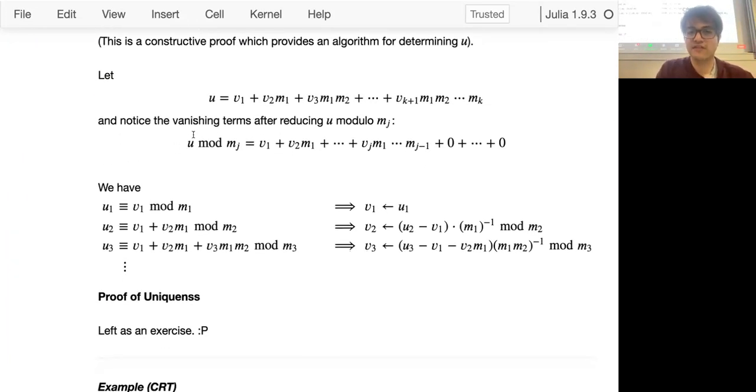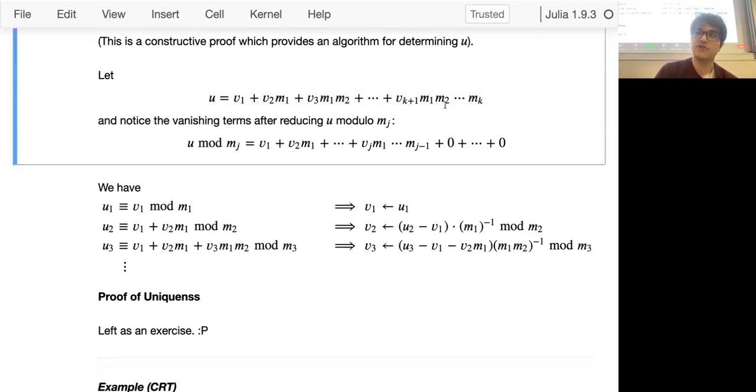Okay. Notice the vanishing terms. If I take this and I reduce it mod mj, what's going to happen? Well, any term that has an mj in it is going to vanish. It's 0. So that means the only non-zero terms left are the ones from v1 through vj. So vj is the last term without an mj. vj plus 1 will have it.